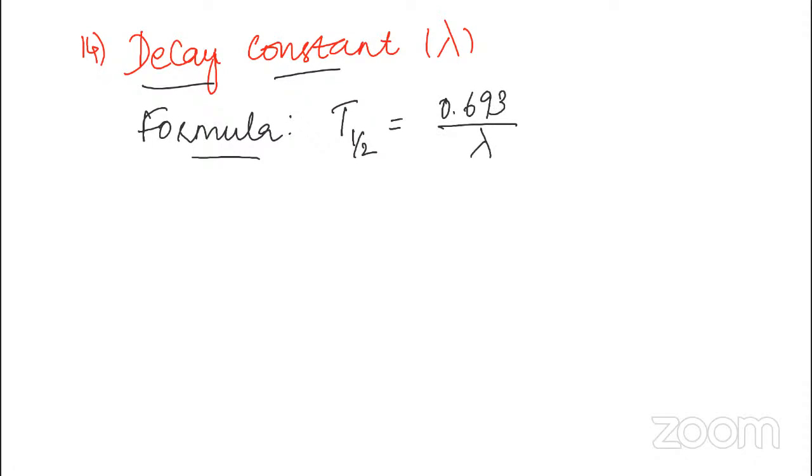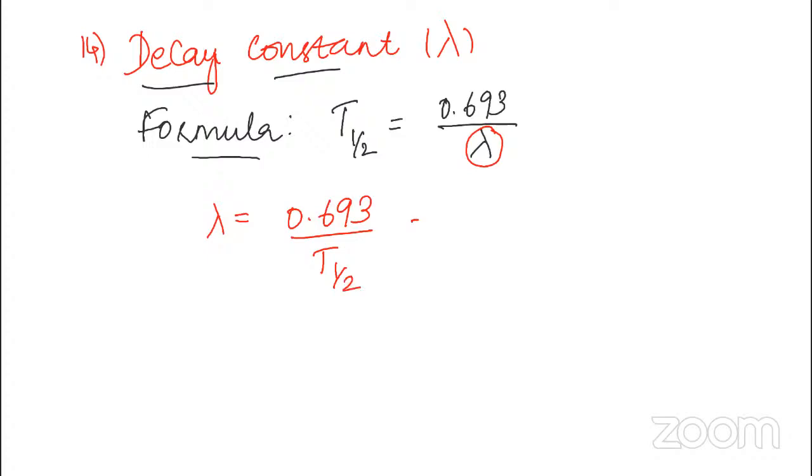Now we want only the lambda value, so rearrange the formula. Lambda is equal to 0.693 divided by T half.